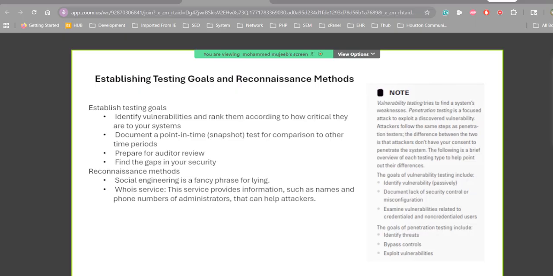Security is not just the job of the information security or cybersecurity team. Every employee in the company should be aware of what security is and how you can protect. Every employee can play a part in protecting the systems. Make sense, everybody?